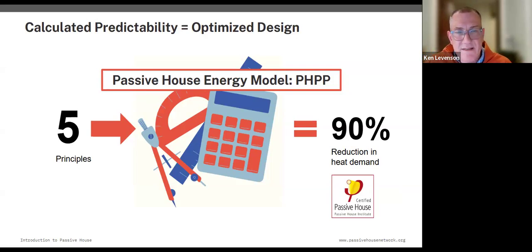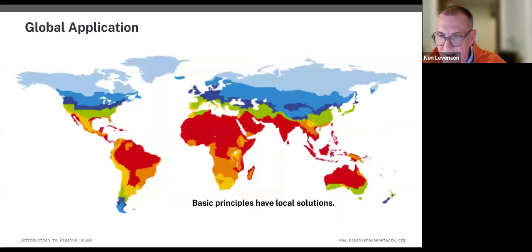This is where we get that predictability, that optimized design, and we get something that is applicable around the world. This is just fundamental physics, and we see it applied in different ways around the world.